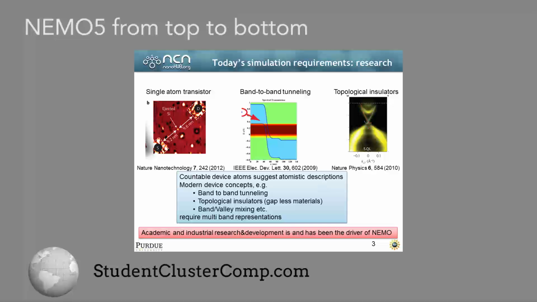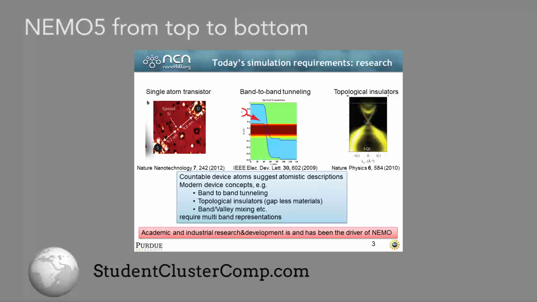I guess drilling down a little bit deeper. In the last slide we saw the typical state of the art industry transistor. But the other side of NEMO 5, besides the industrial side, is the research side.